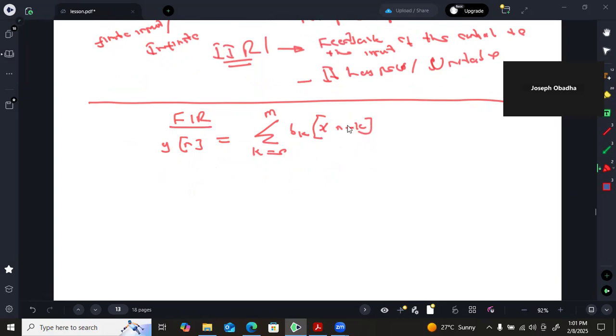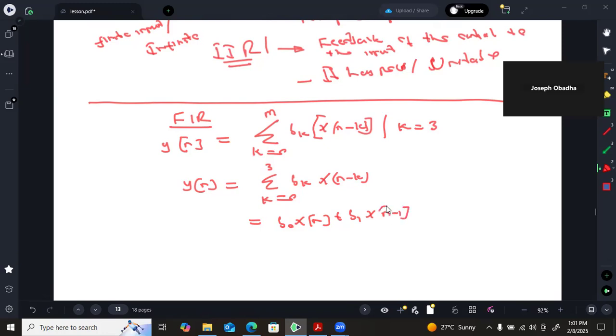And you can see, for example, if we take M equal to 3, then y of n will be given by the sum from k equal to 0 to 3 of b of k, x of n minus k, which would be b0 x of n plus b1 x of n minus 1 plus b2 x of n minus 2.